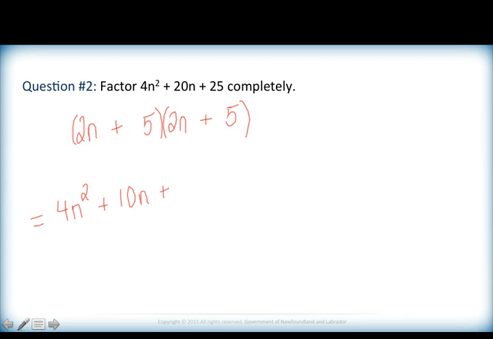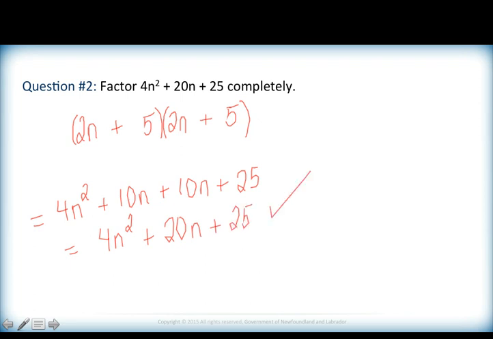Then we move into the other number. 5 times 2n gives us 10n again. And 5 times 5 gives us 25. So we have 4n squared plus 20n. Perfect. That's exactly what we need for our b value. And we have our constant term of 25.